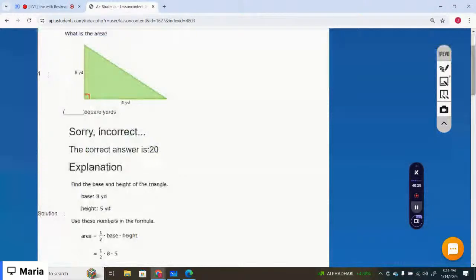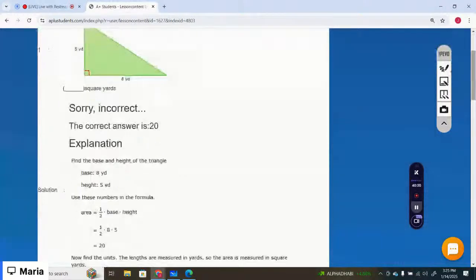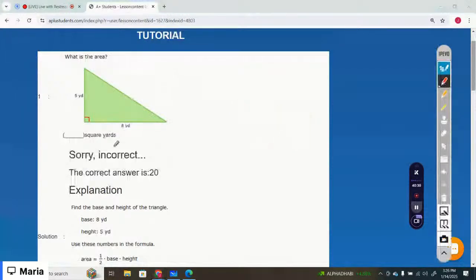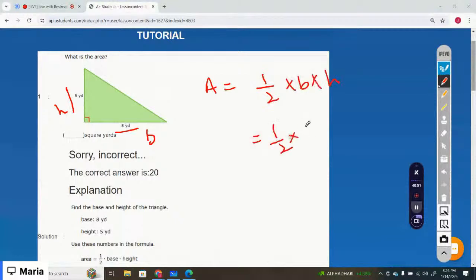The formula to calculate the area of a triangle is half times base times height. This is the base of the triangle and this is the height of the triangle. You simply have to use the formula, half times base times height. 1 by 2 times 8 times 5. 2 times 4 is 8 and 4 times 5 is 20. So the area is 20 yards square for this triangle. Got it?